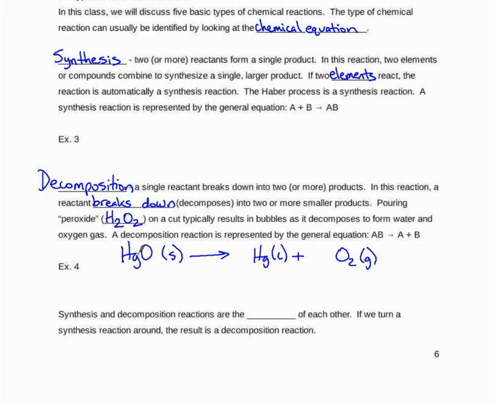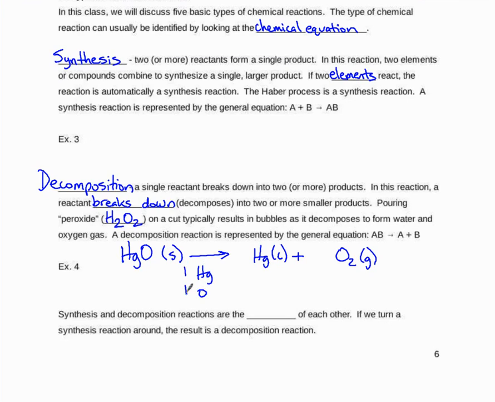Another reaction. So Hg is mercury. This is mercury oxide. It's an ionic compound. It is a solid. It's sort of a powder substance. And when it is heated, it turns into liquid mercury and oxygen gas. So we need to count these up. There's only 2 things.